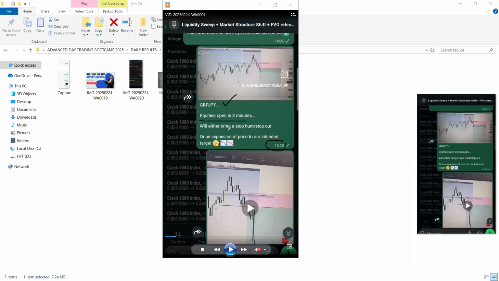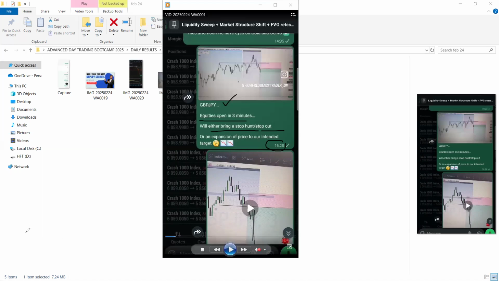That equity open will either bring a stop hunt or a stop out to the current trade we have, or it will bring an expansion of price in our intended direction. So these are just notes. If you plan your trade, it helps you to manage it once it starts to run, or once you see whatever will be happening with price, it helps you to plan your trade out.